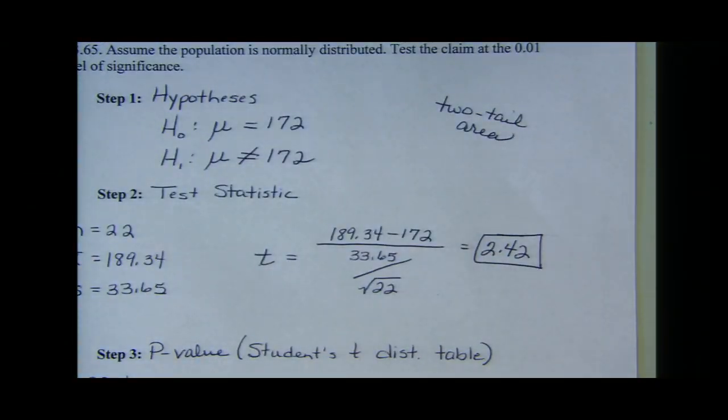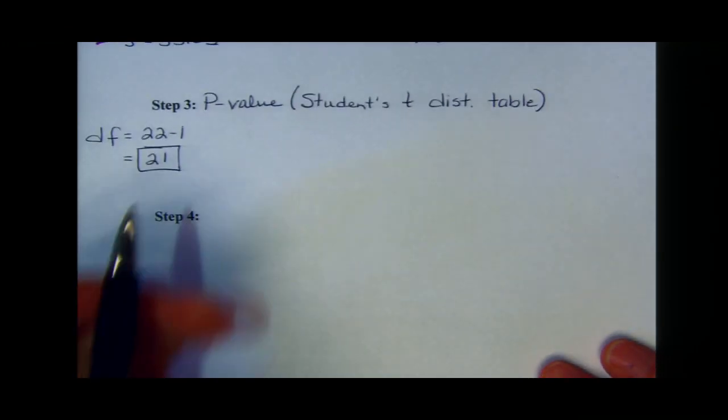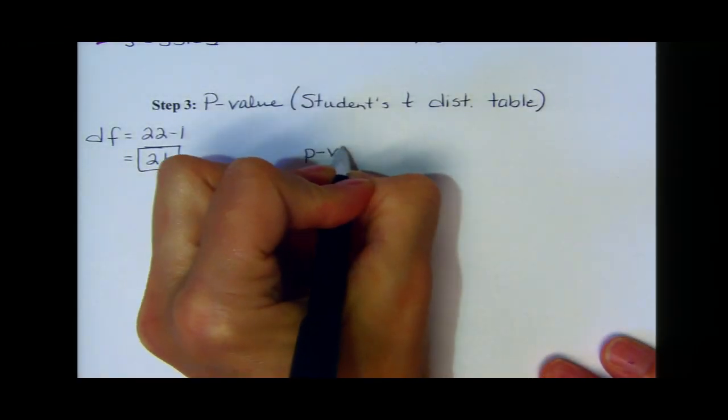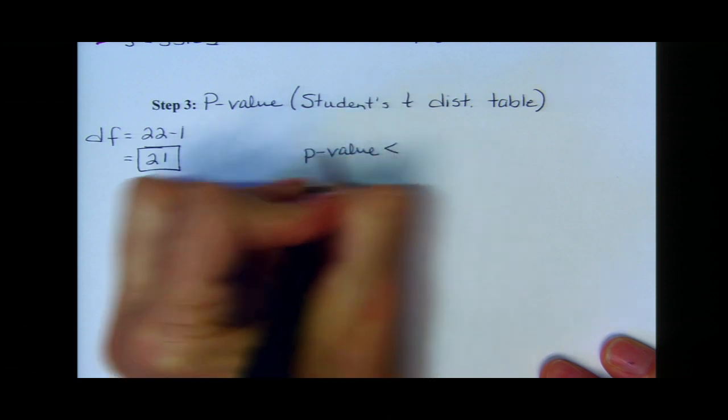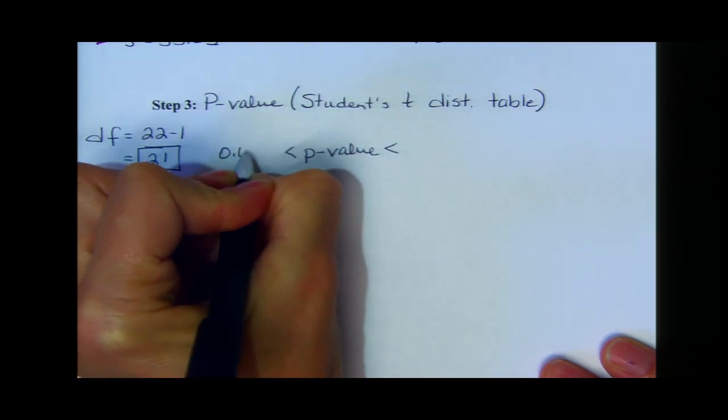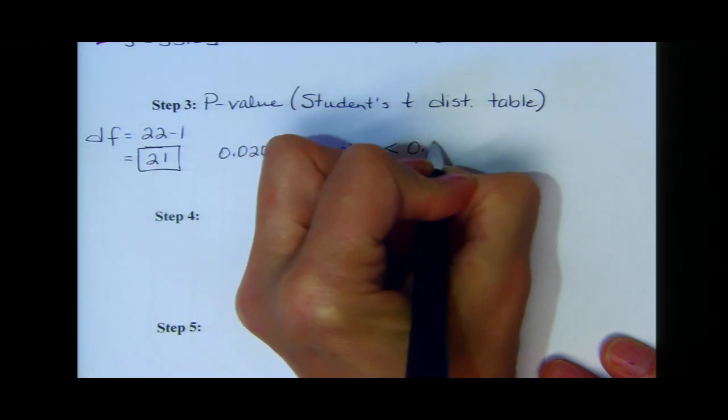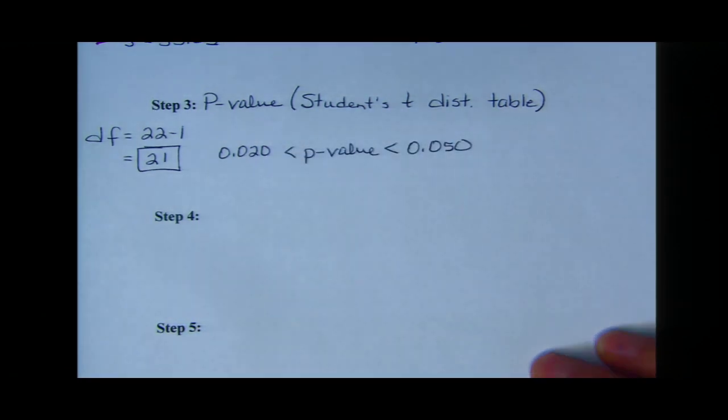So in writing that, our p-value is between 0.02 and 0.05.